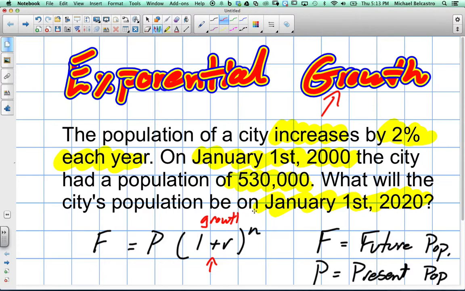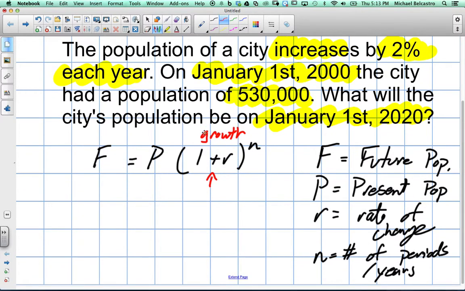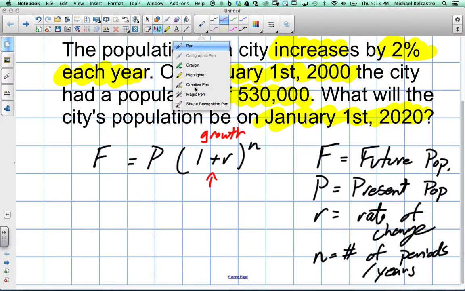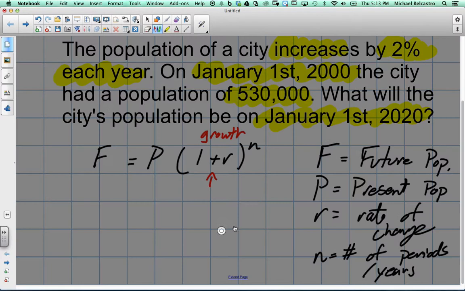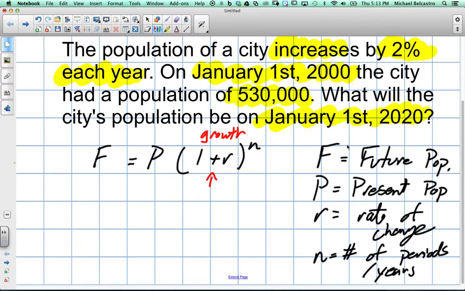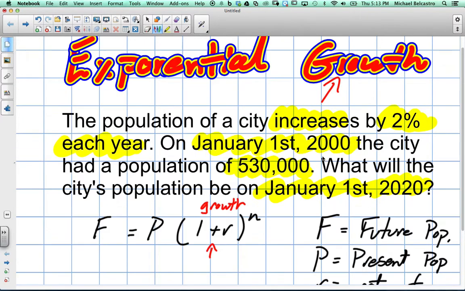The only difference between exponential growth and decay is I would rewrite this exact same formula as P times 1 minus R to the power of N. That represents decay. In our case, we're growing, so it works out really well.